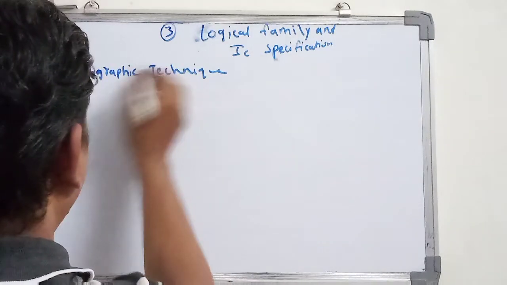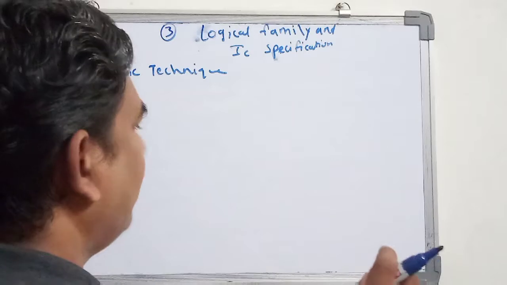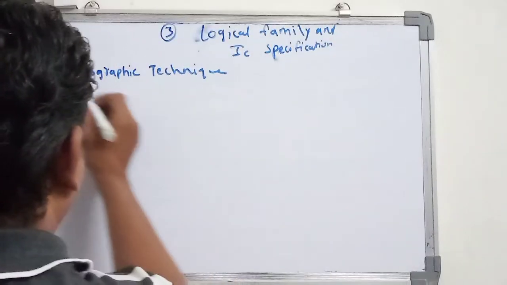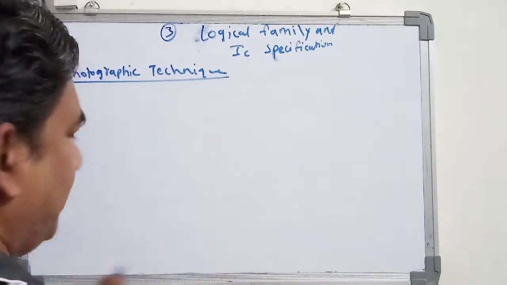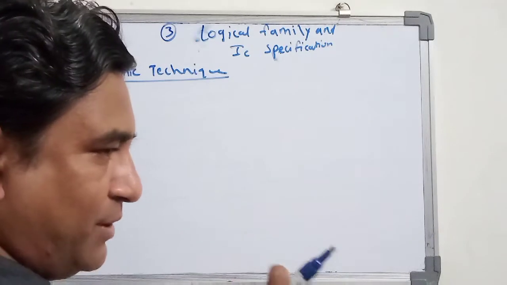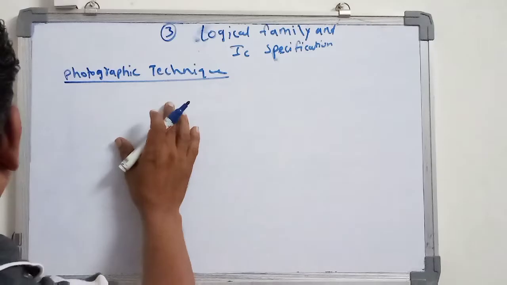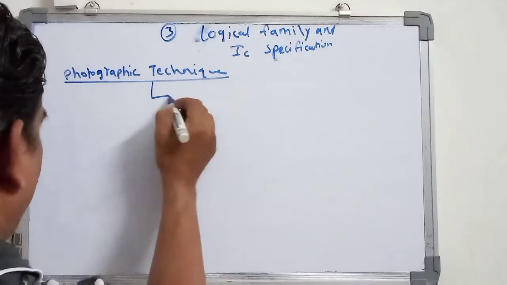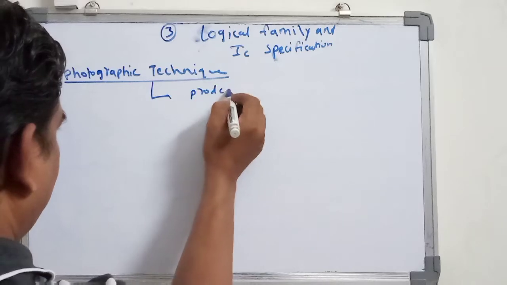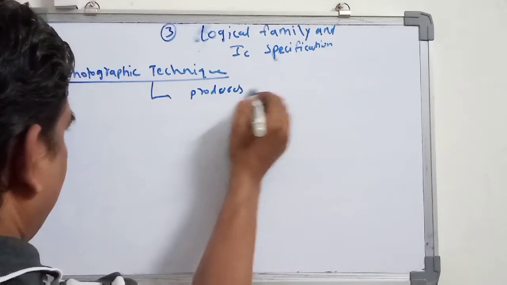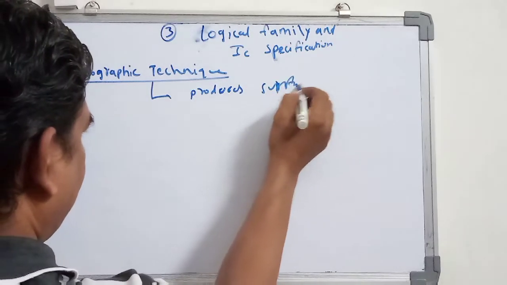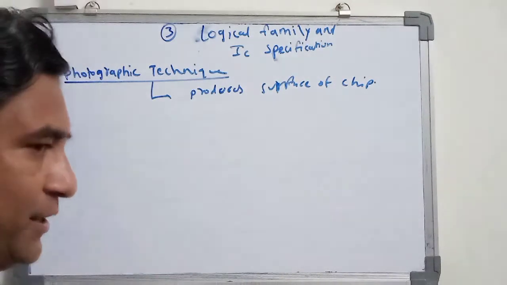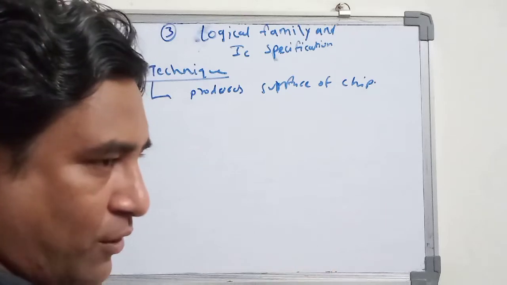By using this photographic technique, you are able to design that particular formation. By using this technique, the IC is built. It produces a surface on the chip so that it may look very small.